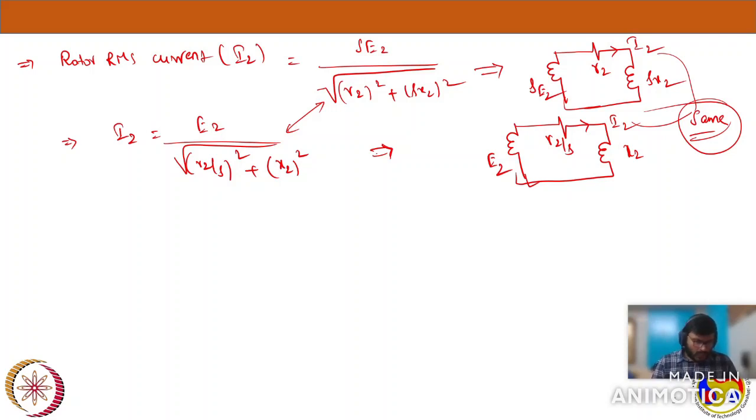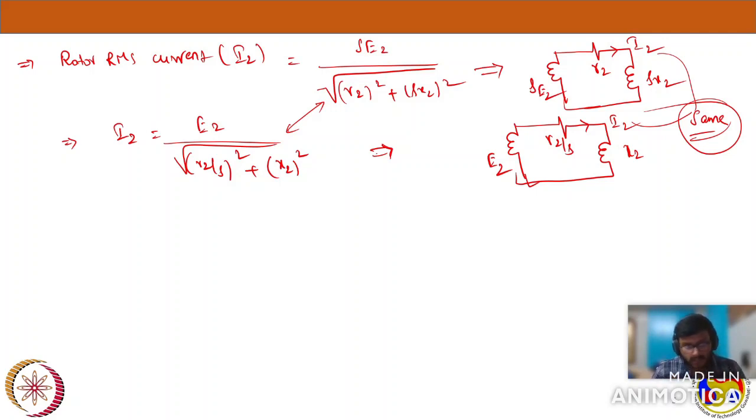So yeah, now a small transformer concept we will talk about, that is a very important transformer topic. Let's say we have a transformer, and let's say the secondary is open circuited. In this condition my primary will only draw a magnetizing current because there is no load connected to my transformer, and to set up the flux in my core, the current needed is only to magnetize the core.